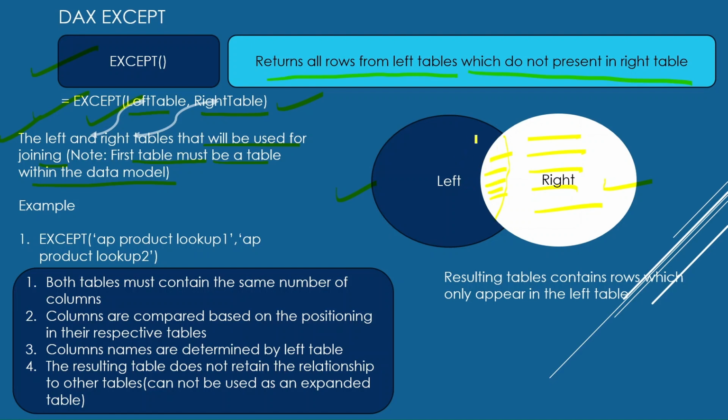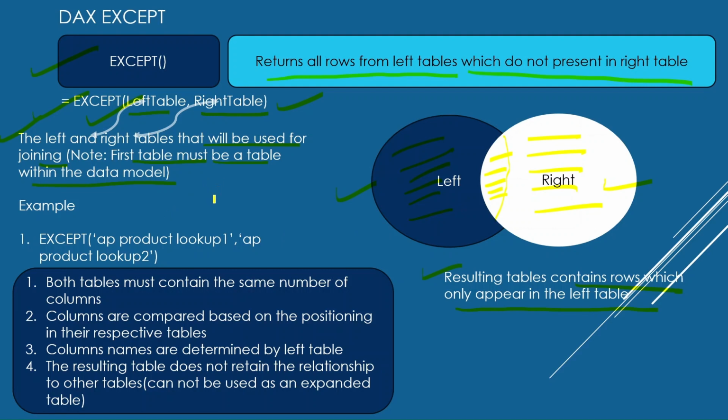It will take only those records which are present on the left side only. The resultant table will contain the rows which appear only in the left hand side table, which I have discussed already.